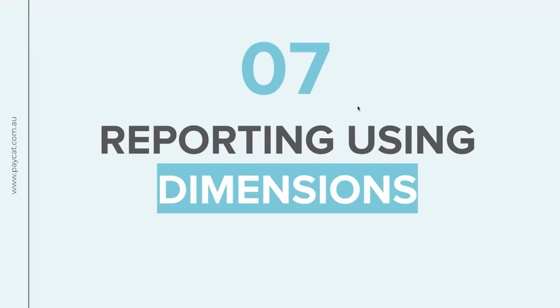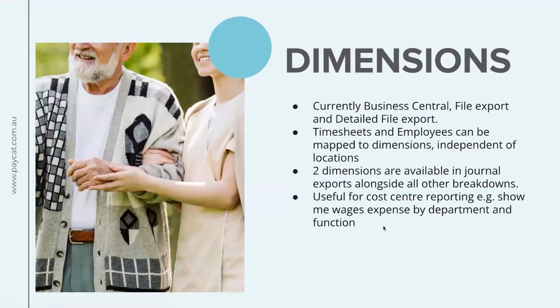Okay, quick note on dimensions. This is very, very system specific. We've got notable systems like Business Central, which is the Microsoft Dynamics product, and our generic file export and detailed file export. They're the 3 options at the moment where you can get dimensional reporting. Now, what dimensional reporting is for is where you might want to report in your accounting system wages on different, I'm going to use the word dimensions, but basically different reporting categories.